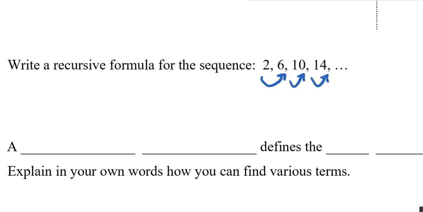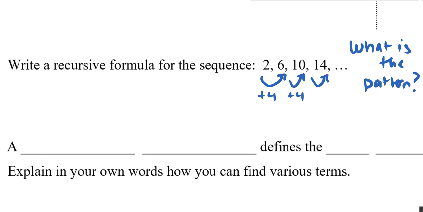That's what you want to think about, always: what is the pattern? In this case, to go from 2 to 6, it looks like we added 4. To go from 6 to 10, we added 4. And to go from 10 to 14, we also added 4. That's consistent across all of these terms. So we know that that is true for this sequence.